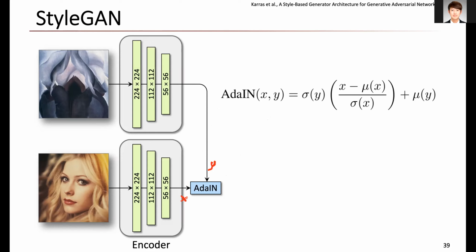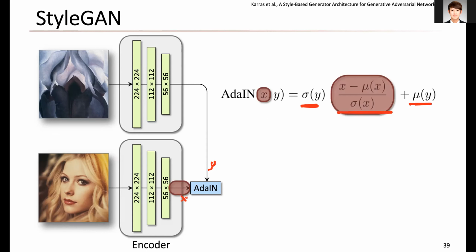And AdaIN is just normalization by the mean and variance of x, and then moving to the y feature distribution by multiplying by the variance of y plus the mean of y. So this is AdaIN.